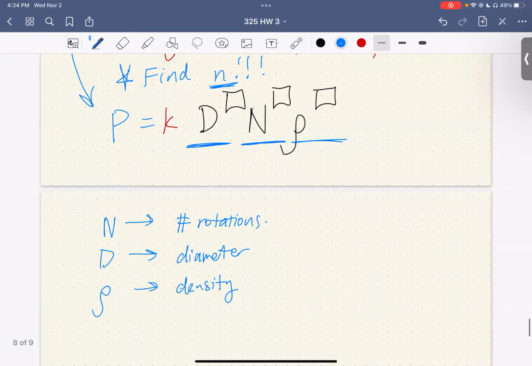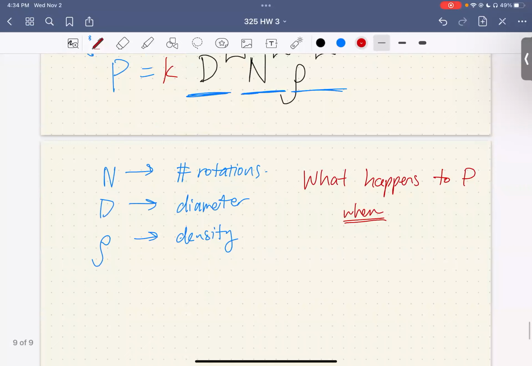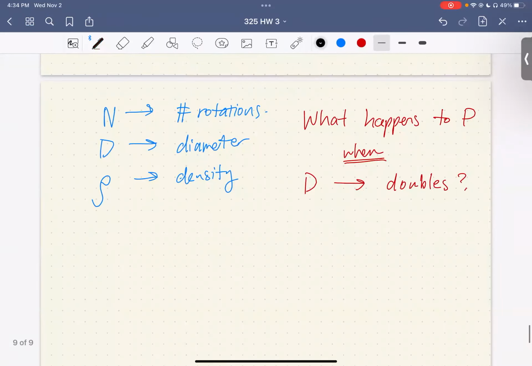So what did the question ask? It asked what happens, right, to the power when D doubles, right? So that means we can use this relation. The new power, let's say new power, right? And this is old power.